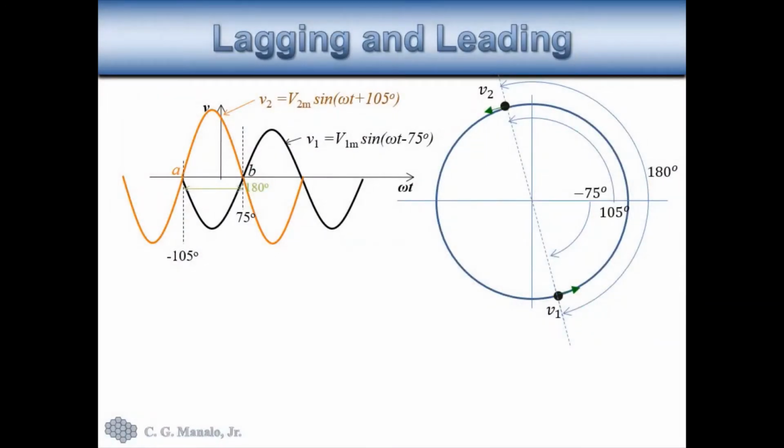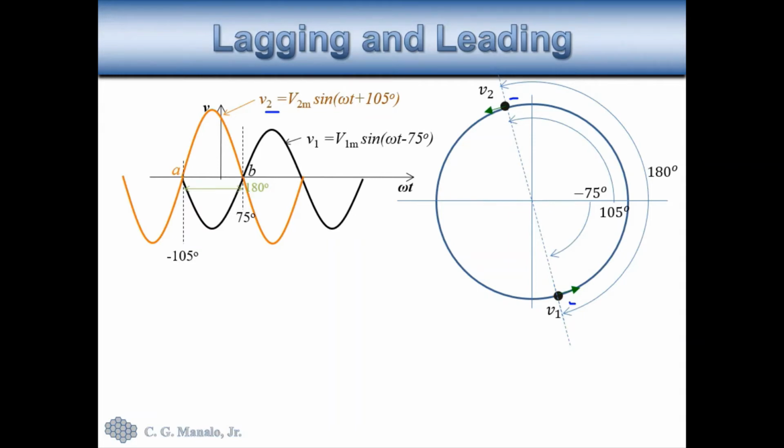Another scenario here, so again we move v sub 2, so v sub 1 is still maintained, so here's v sub 2, and we notice that their distance around the circular racetrack is 180 degrees.